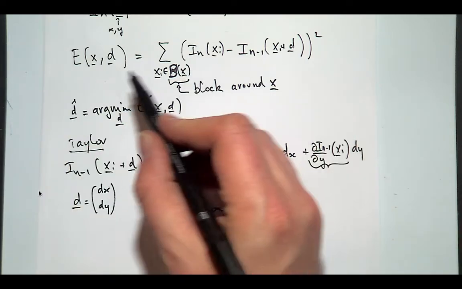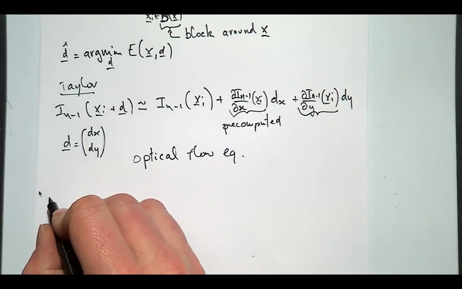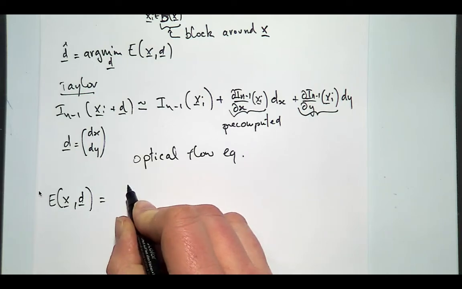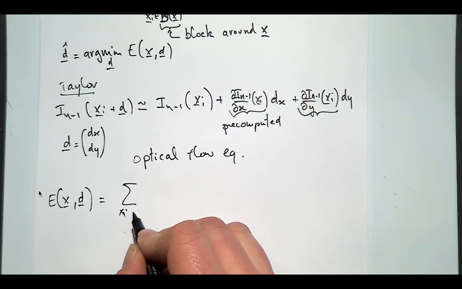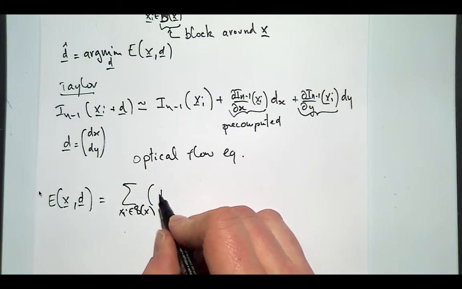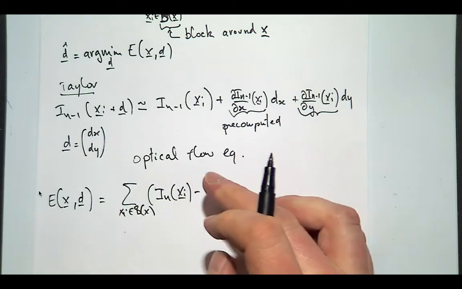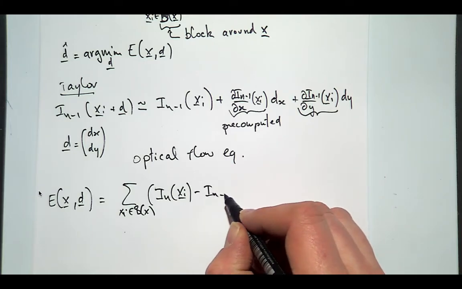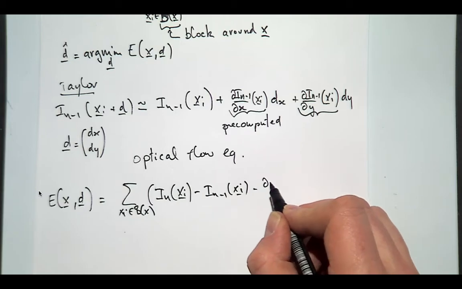Okay, so basically, if I rework my equations here, now my energy or my loss function is this sum of squares over my block of the pixel value at a particular pixel within that block and this predicted value you have.